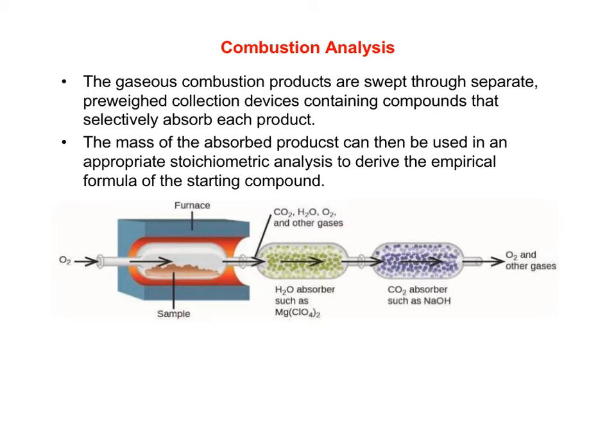So the increase in mass is due to the water and the carbon dioxide that are produced in the combustion reaction. And so in this way, we can determine exactly how much water and carbon dioxide were produced by the compound. And then we can use that information along with what we know about stoichiometry and the law of conservation of mass to determine the formula of the compound that we placed in the furnace.